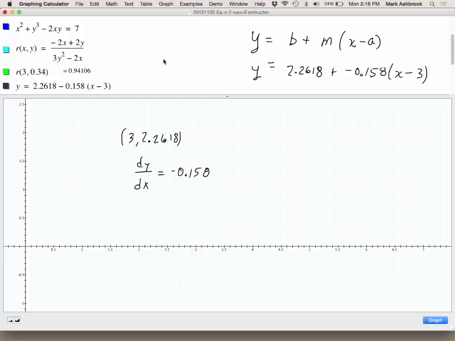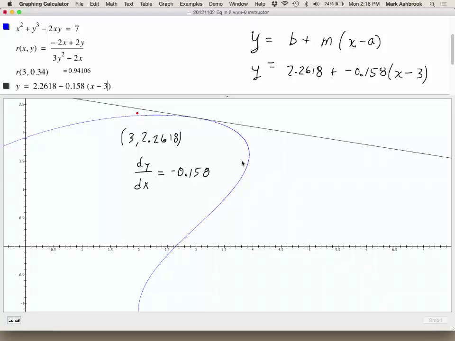Yeah, negative slope. Tangent line will be tangent to the curve. It'll have the same rate of change as the curve at that point, and it'll go through that point. So will it be tangent? Okay, so it's going through that point and it has the same rate of change at that point. So this is constructing the tangent line.